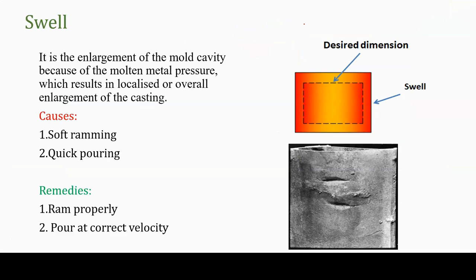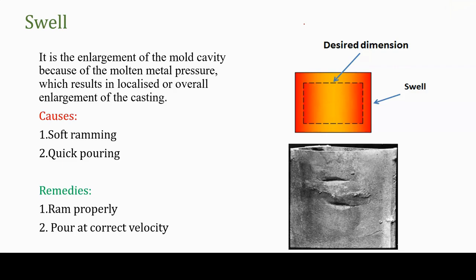And swelling is nothing but the enlargement of a mold cavity because of the molten metal pressure. We know that we pour the molten material at a very high temperature, so that creates some pressure inside the mold cavity. This defect happens by enlargement of a part.